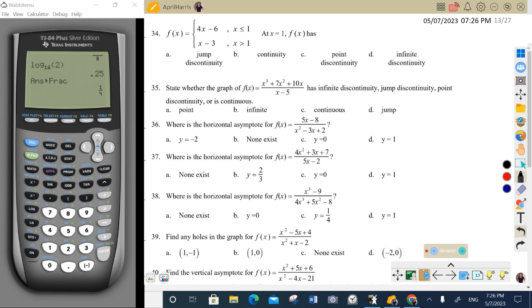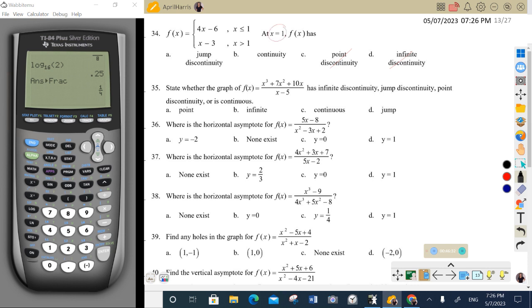34 is a piecewise function. And y equals 4x minus 6 is a line, y equals x minus 3 is a line. So we don't have a quotient in either one of those. So it can't be infinite discontinuity or point discontinuity, because that's when you divide by 0. So it's either going to be continuous or there's going to be jump discontinuity. And you're going to plug the 1 into both equations.